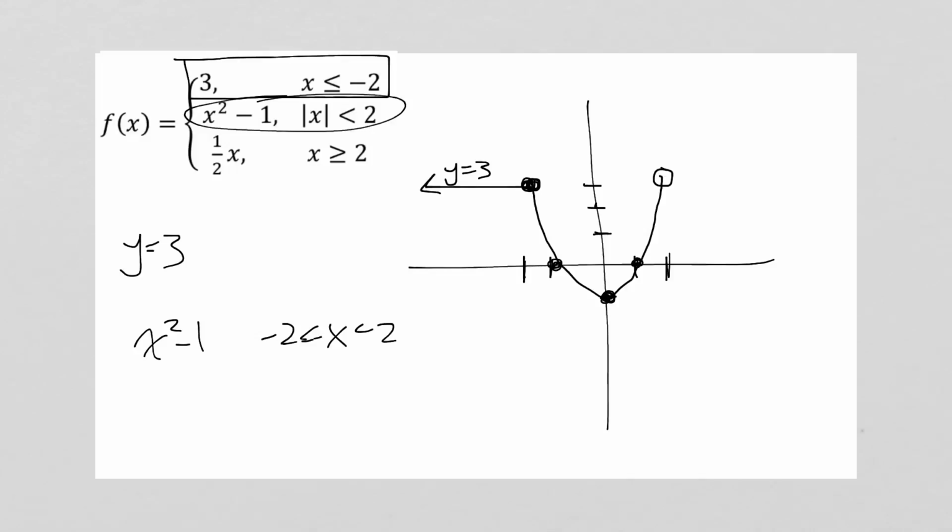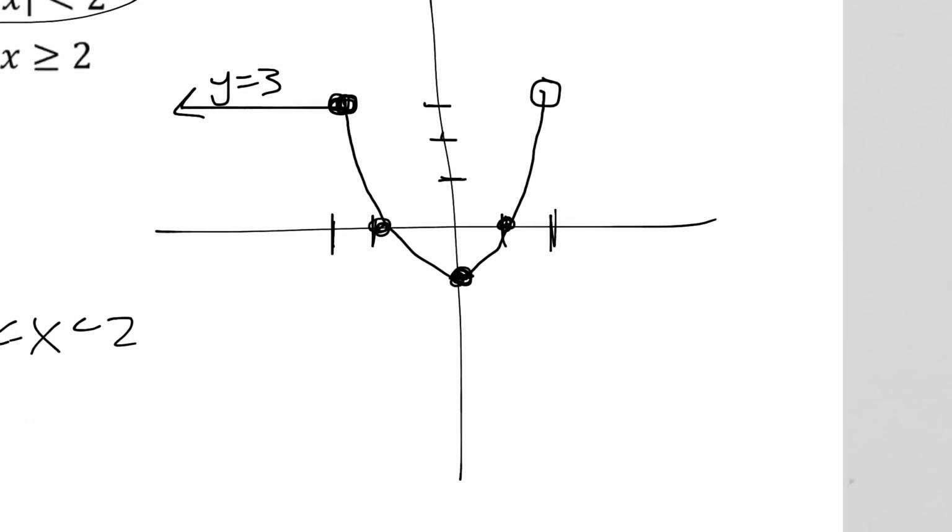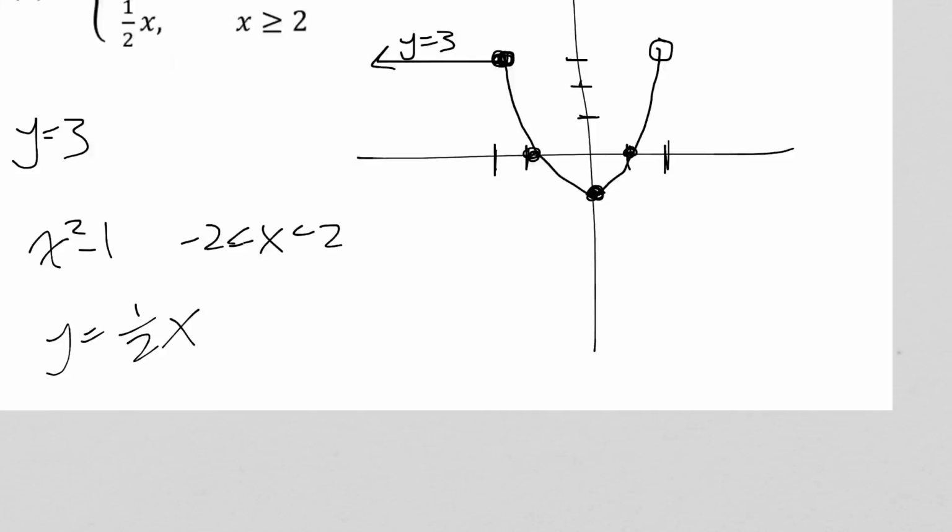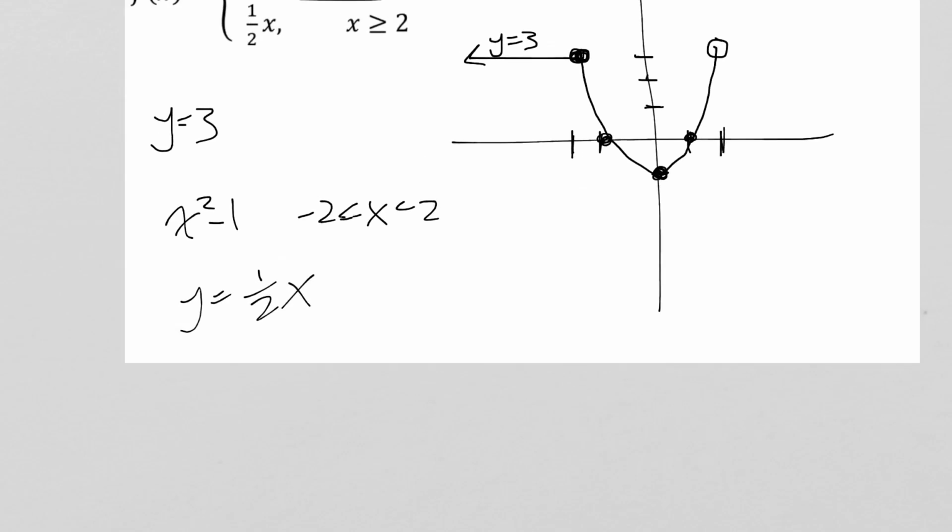And then we are graphing the function 1/2 x. Alright, so if we're graphing the function y equals 1/2 x, well, that's a linear function. Y-intercept is 0. So picture where we would be when the x value starts at 2. Well, plug in 2 for x.